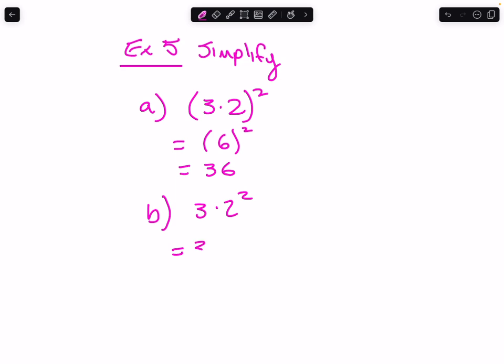So we do 2 squared, which is 4. And now we only have one operation left, which is multiplication. 3 times 4 is 12. Well, 12 is not 36, so grouping symbols make a difference when it comes to using the order of operations. Let's do another example.